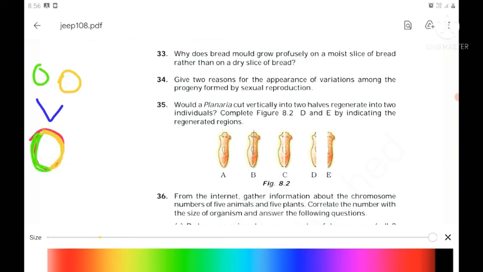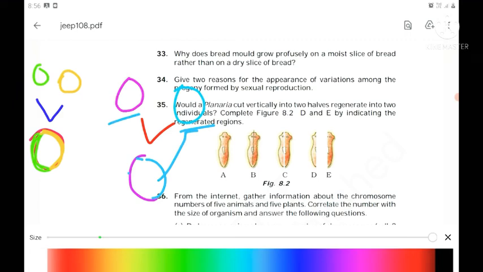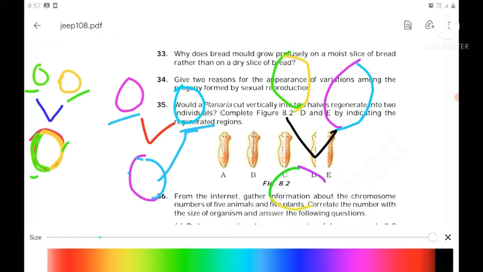This is the offspring formed. Next, this and this will give, so blue is a character from this one, and pink is from this, green is from this, and yellow is from this. And now these two organisms are going to give rise to a new one, which is super colorful, right?